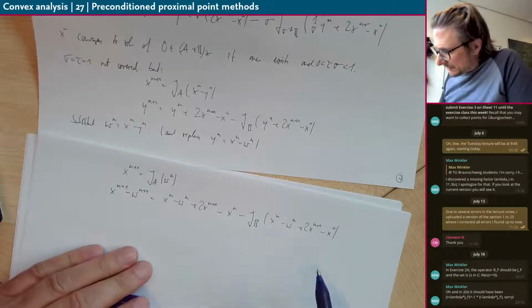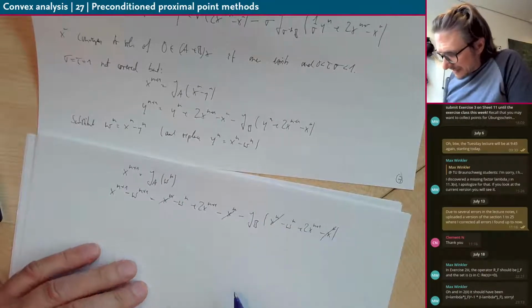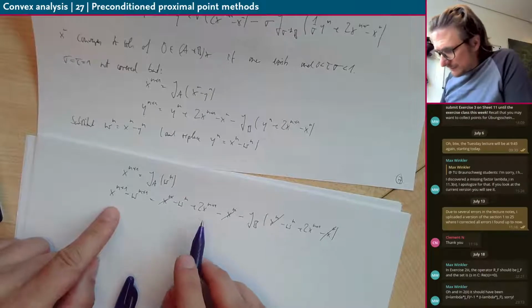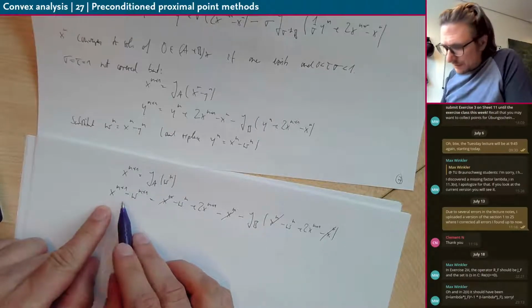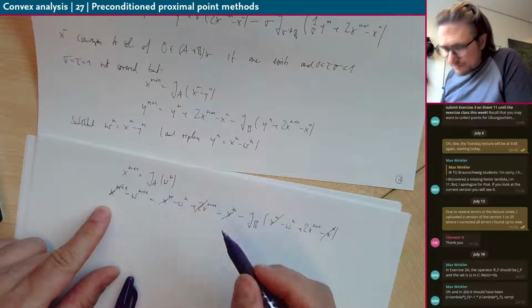So what we see here is that this guy cancels with that, this guy cancels with that, and here we still have x n plus 1 and 2x n plus 1, so we can cancel this one with the 2.